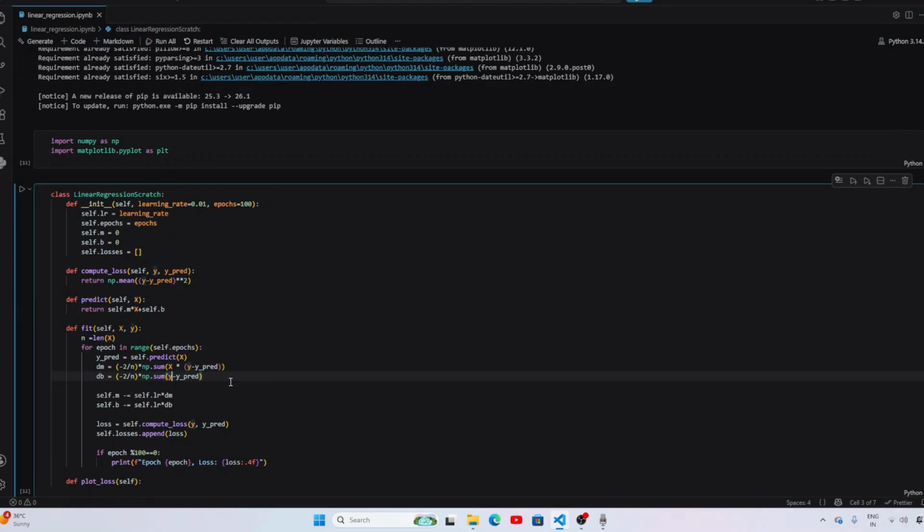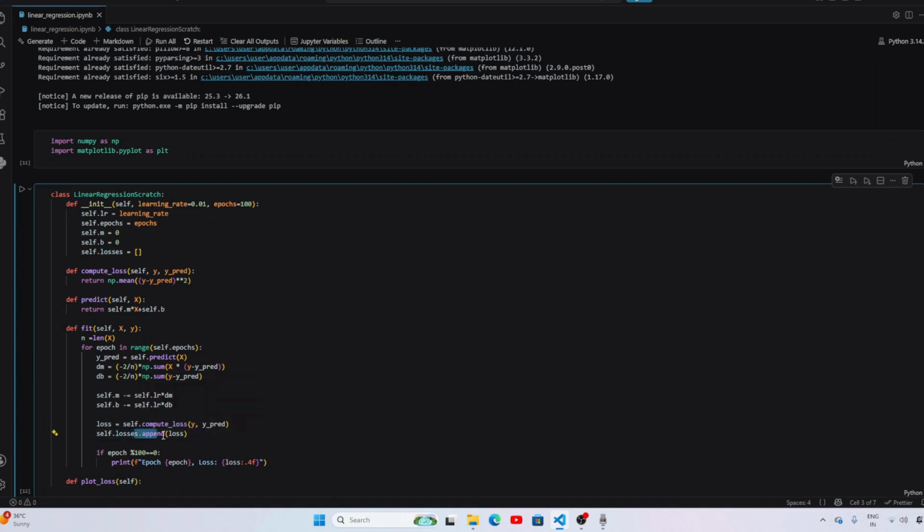Now we update the slope and its intercept, both parameters. The gradient descent subtracts the gradient multiplied by the learning rate. They gradually move the regression line toward the best fit. After updating the parameters, we calculate the loss and store it in the losses list.